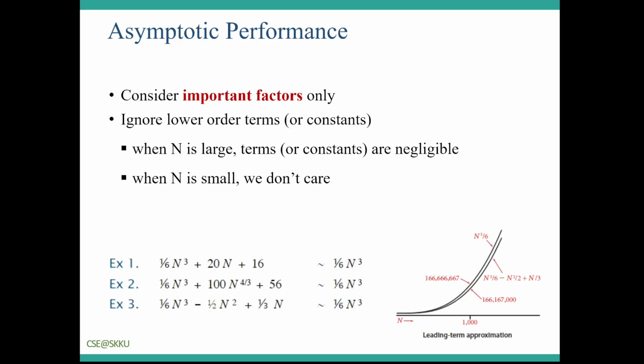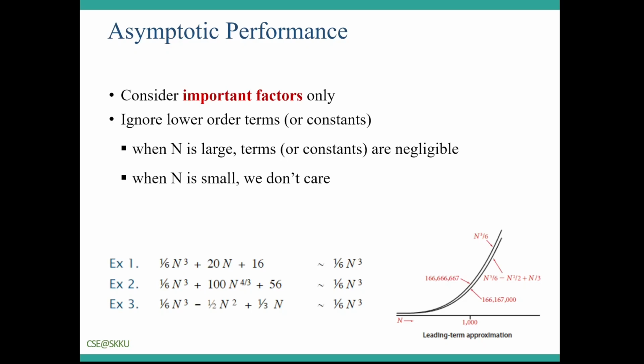Let's take a look at the three expressions on the slide. The first one is 16n cubed plus 20n plus 16. The second one also starts with 16n cubed, but plus a term with n to the 4/3 and a constant 56.